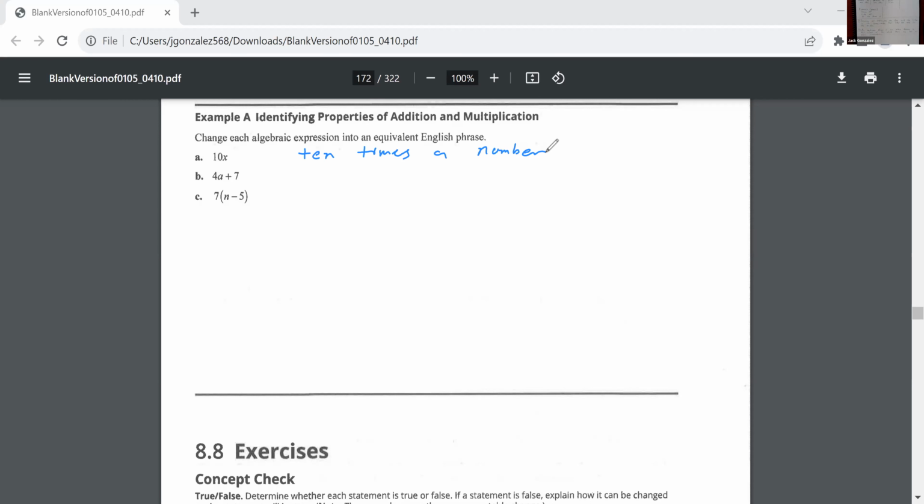B. Four times a number plus 7. Let's see. 7 times a number. 7 times the difference of a number and 5. 7, 5.